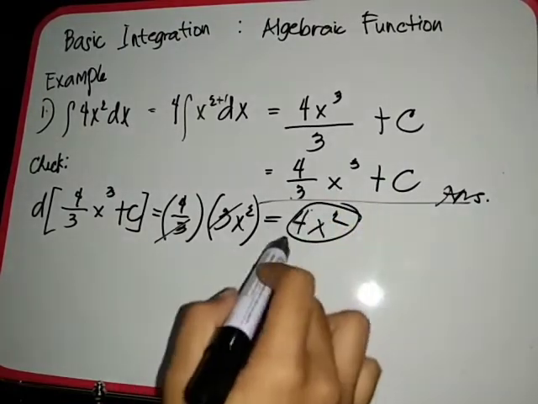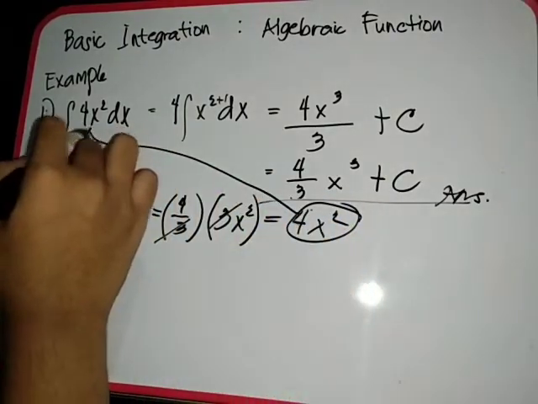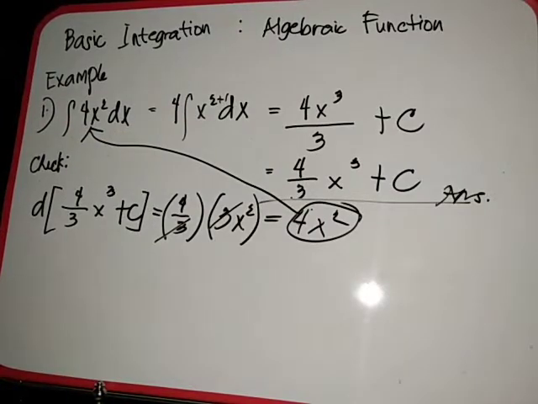So that is 4x squared, and this is 4x squared. So that's it.